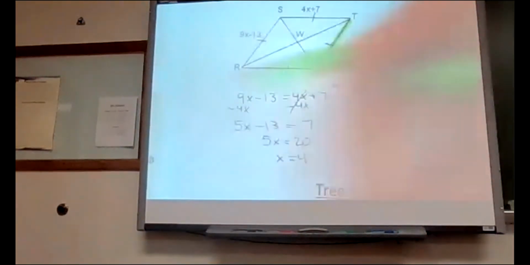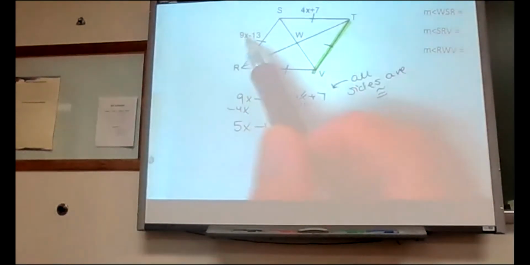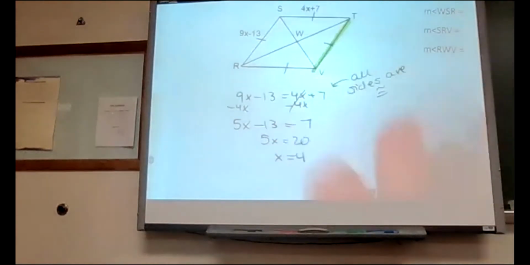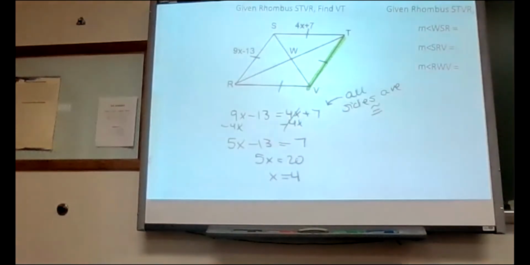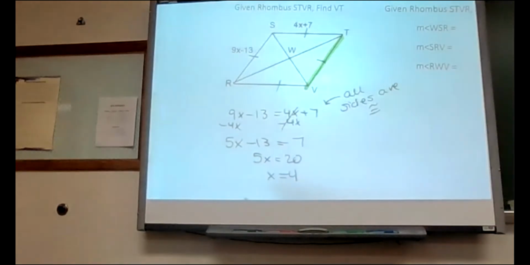Now, it doesn't ask us for x. It actually asks us for BT, which is a side that didn't even have an x on it to begin with. Well, they're all the same length. So it doesn't really matter which side I look at. If I plug in 4, whether I plug in 4 here or I plug in 4 here, I should get the same length. When you substitute 4 in for x, what do you get for a side length? I think this one's a little easier to look at. What did you get? 21. Which one did you use? You get 23.